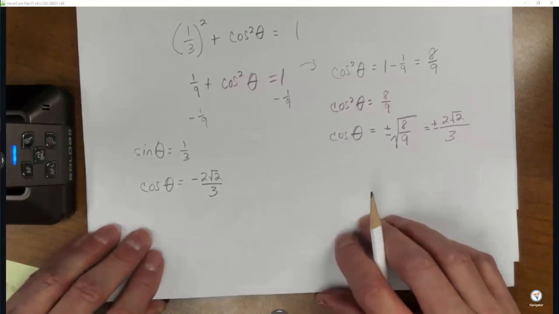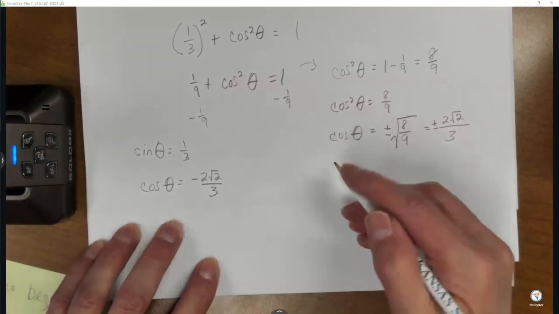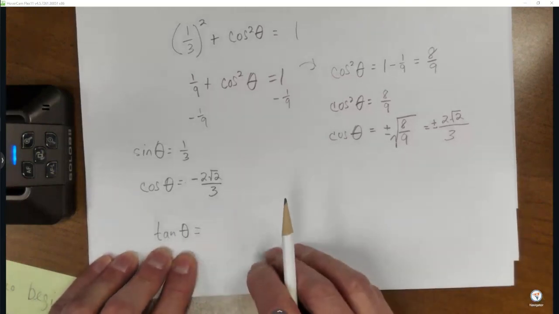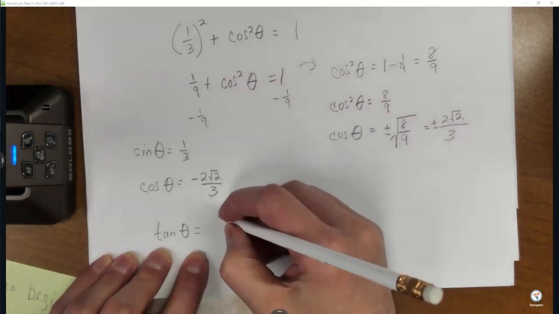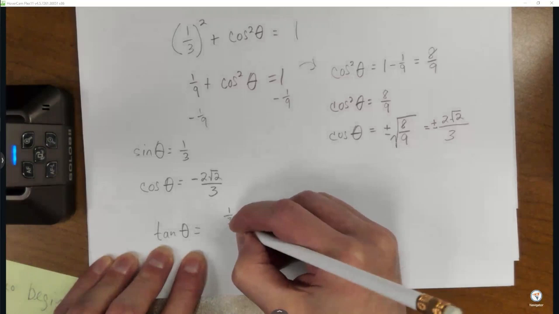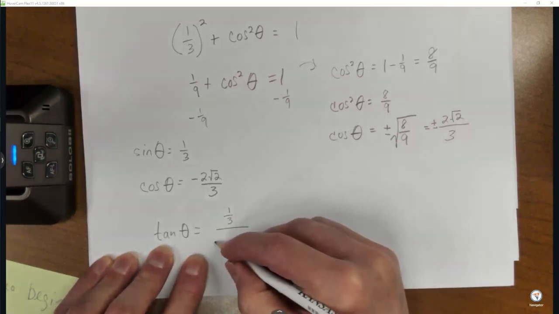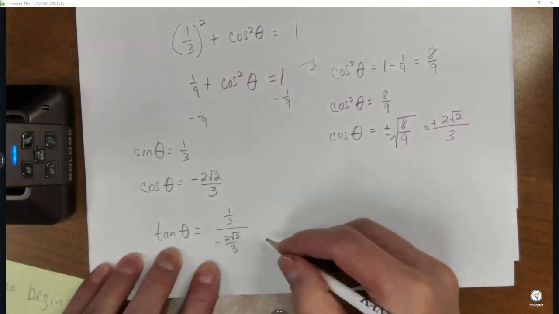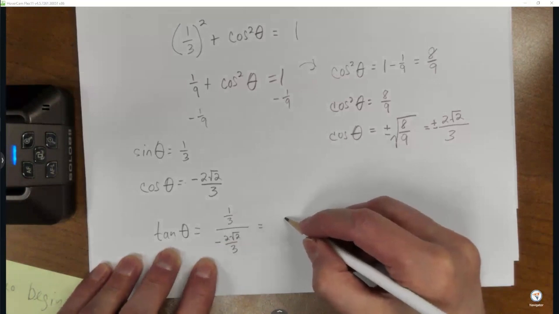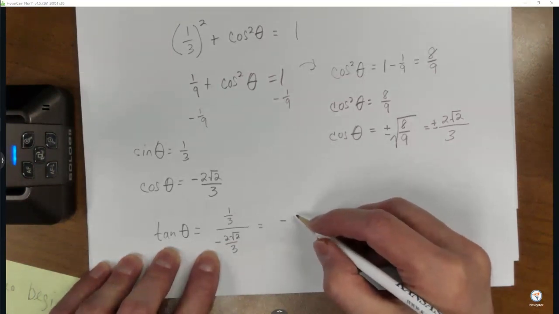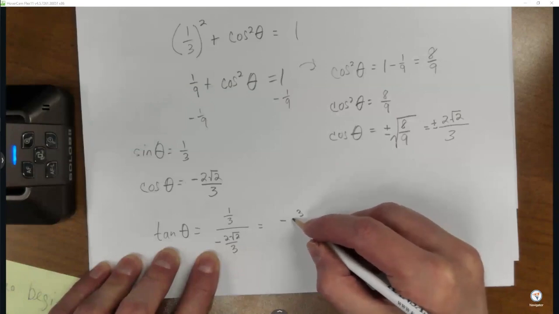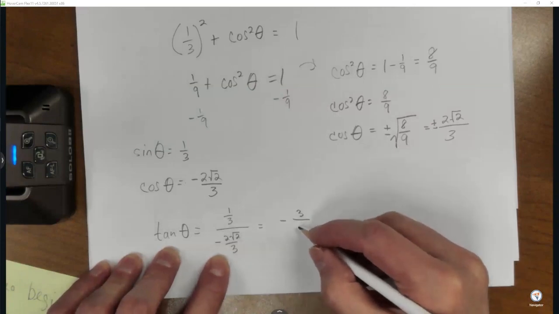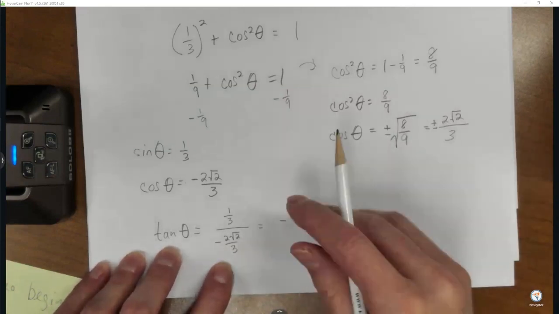Okay, now we have to find the remaining. So we're going to use the fact that the tangent of theta is equal to the sine of theta over the cosine of theta. So this is going to be equal to sine of theta, 1/3, over the cosine of theta, which is -2 square root of 2 over 3. Okay, so when I flip these and multiply, let me do this in a little more detail here.